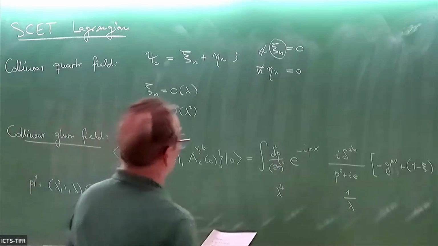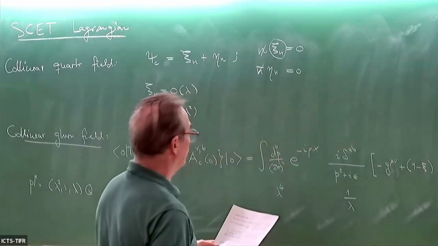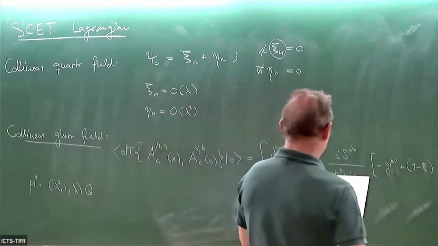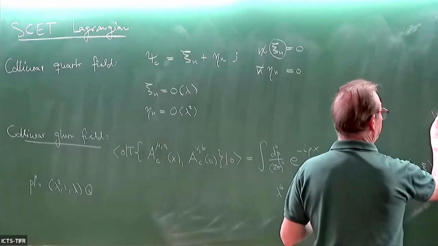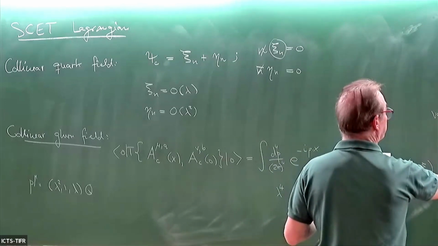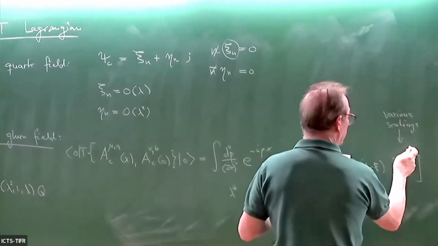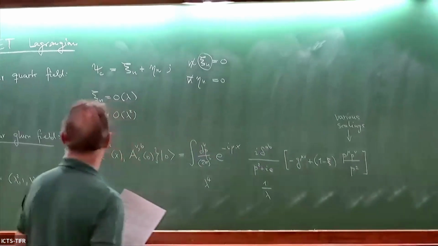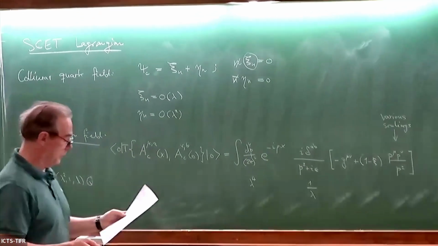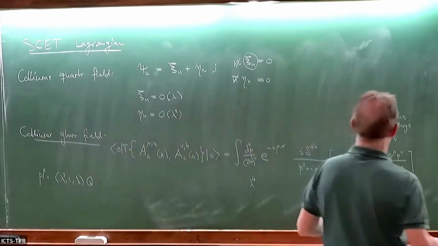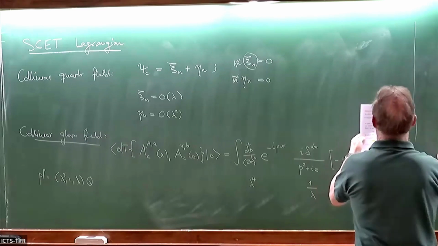But you see, this doesn't work anymore if we use a general gauge where the second term is also there. And the second term, of course, has various scalings, right? Depending on which components of the momentum we look at here, because this is the scaling of the different momentum components. So we need to look in detail at the various options here.